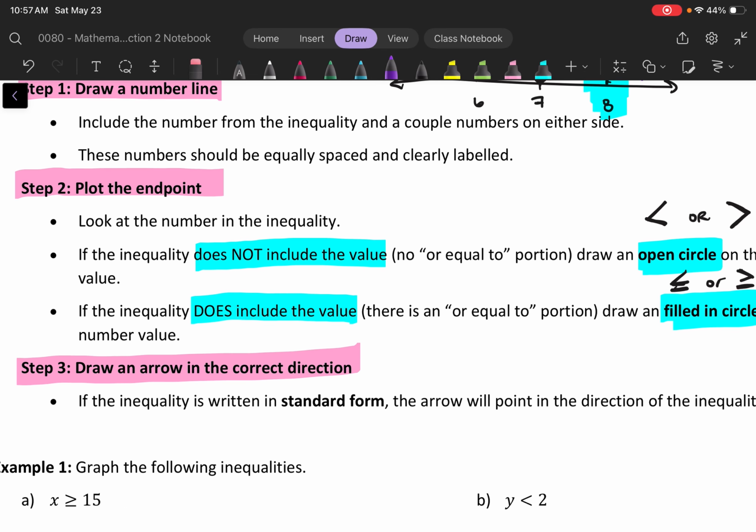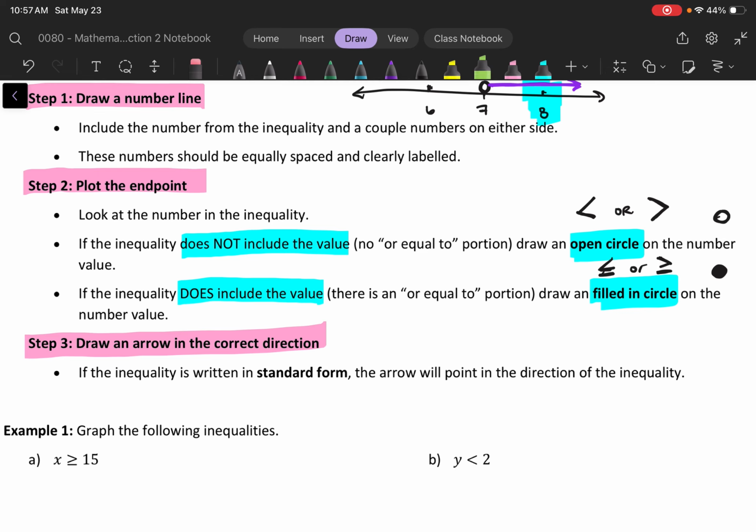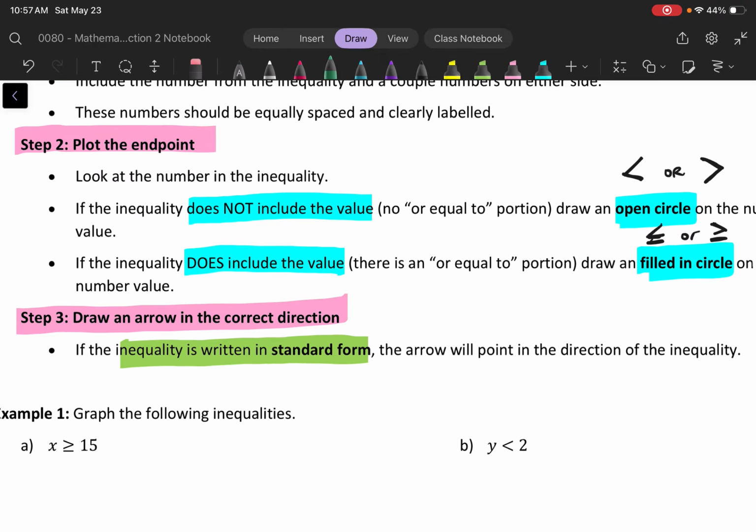However, there's also another thing that works. This only works if our inequality is written in standard form. Just a reminder, standard form will have our variable, then our inequality, then our number. That order is what standard form is about.